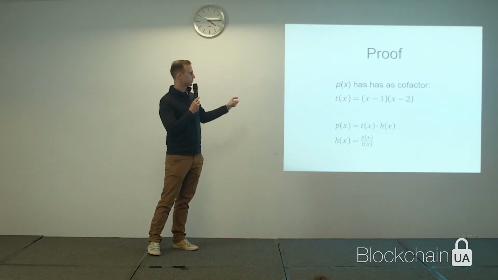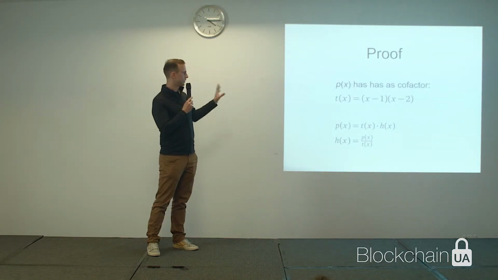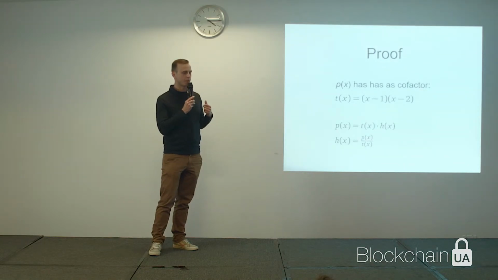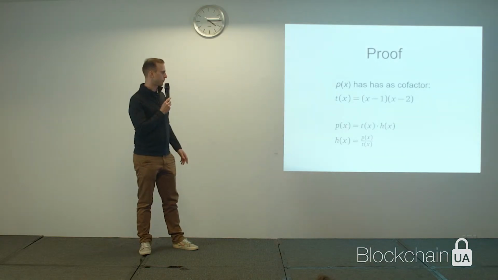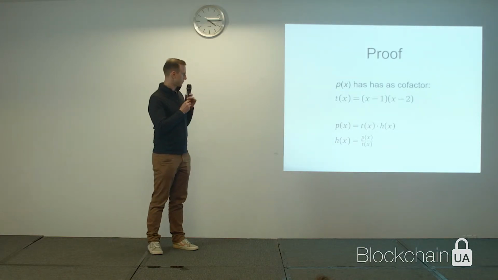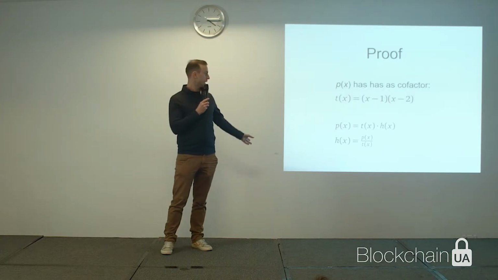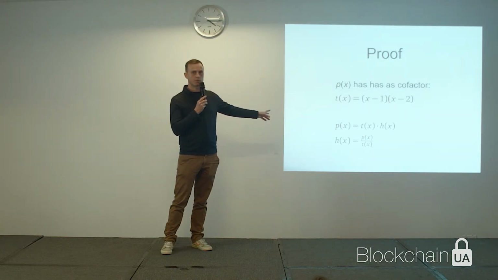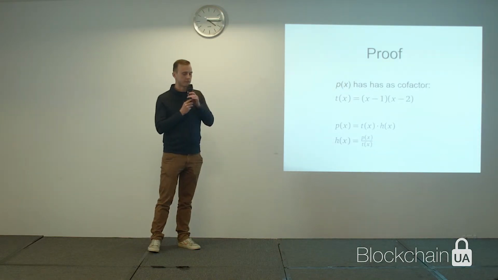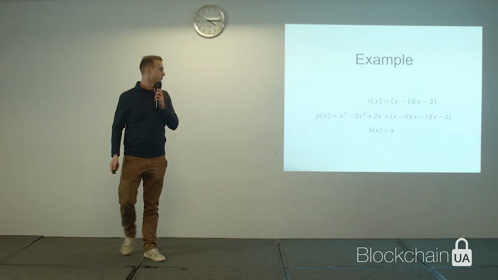We need to prove to the verifier that the cofactor polynomial t(x) is actually a cofactor of my polynomial p(x). My polynomial p(x) is basically just a product of the cofactor polynomial and some other polynomial. And to find that other polynomial, I just divide my polynomial by this cofactor polynomial.